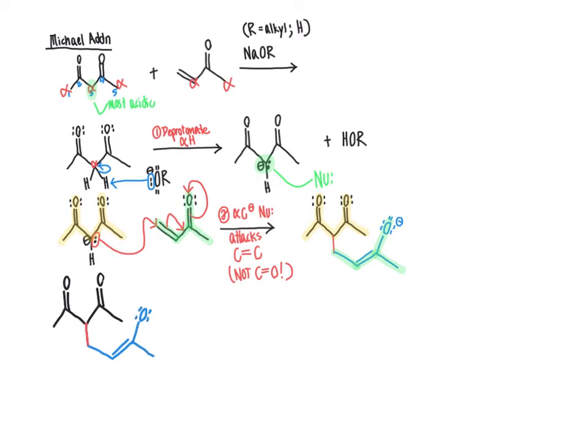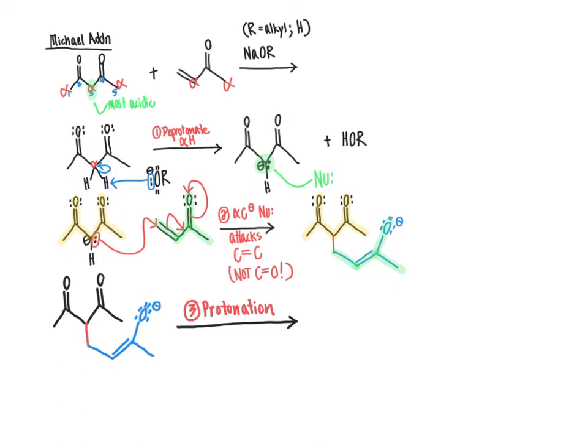Our starting structure had an oxygen anion, and very much in agreement with the other reactions that we've learned about in this chapter, that oxygen anion that we create is ultimately protonated, and that's going to be step 3 here: protonation to create an alcohol group there.